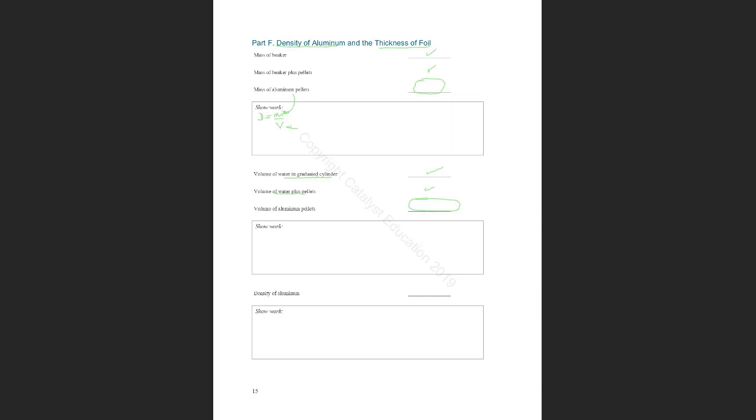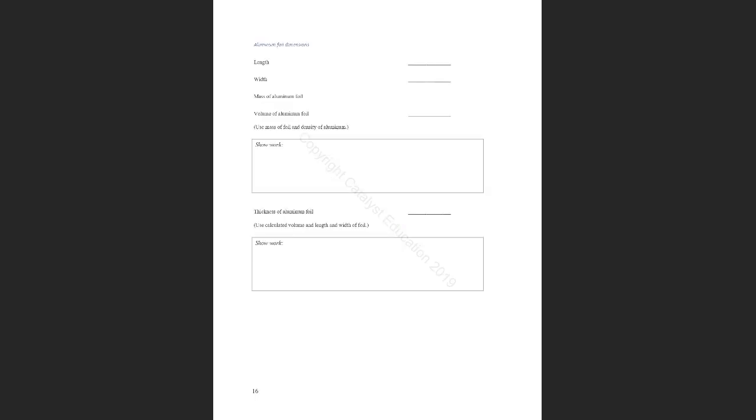And then once we have the mass and we have the volume, we can calculate the density. Okay, so here we are going to show this here, and we are going to show this here. And the density, we are going to show it right here. We have all the values, mass divided by volume. And the last part of the experiment, once you calculate the density, they will give you a foil of aluminum.